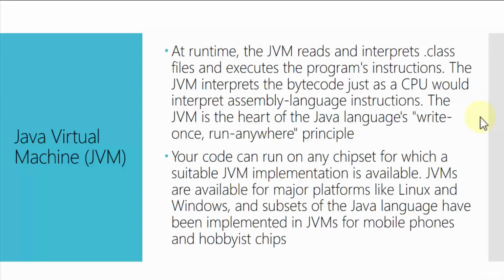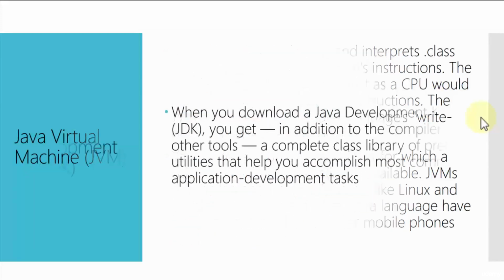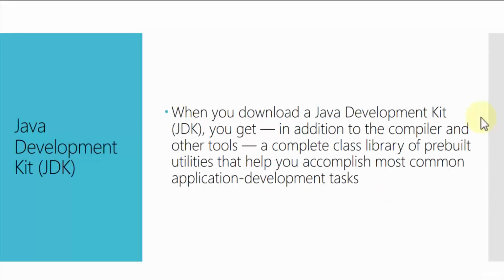JVMs are available on all major platforms like Linux and Windows, and subsets of the Java language have been implemented in virtual machines for mobile phones and, of course, hobbyist chips as well. So the development kit, the JDK, in addition to the compiler and other tools that we looked at earlier, includes a complete class library of pre-built utilities that help you accomplish most common application development tasks.